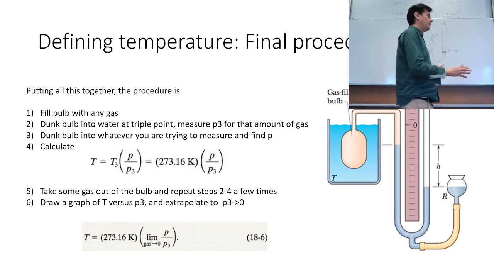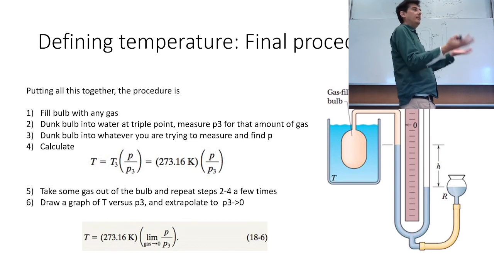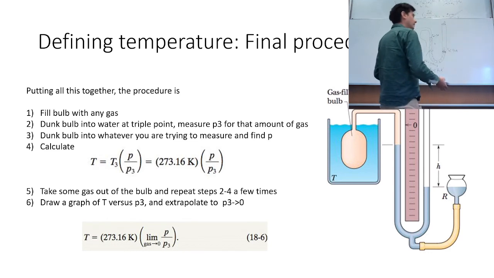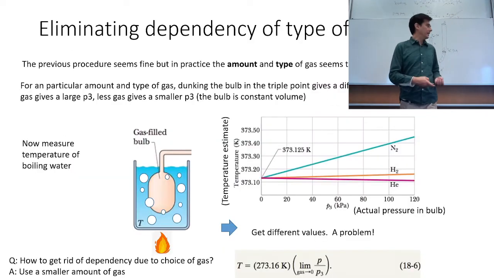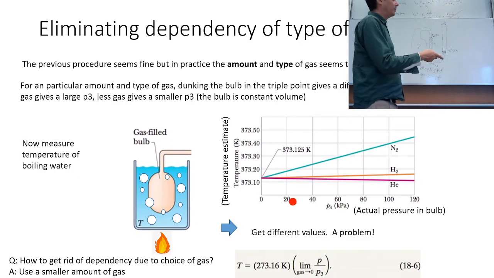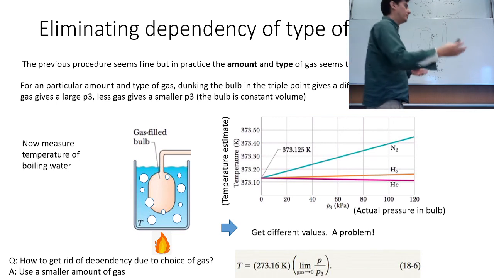You might start with an idea of how to make a thermometer, but then you make it and go, oh, actually there's a couple of issues here. It basically works, but there are a few little bugs in it. In this case, the bugs are things like, what if you use a different gas, you get different values, or what if you use different size bulbs, you get different values?